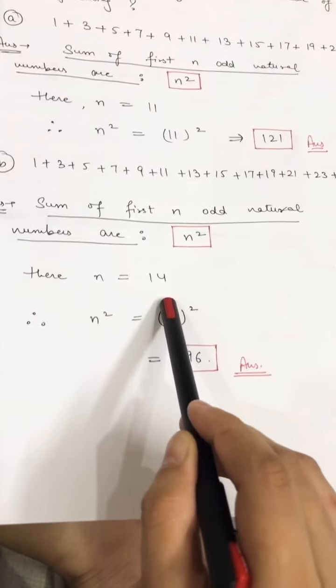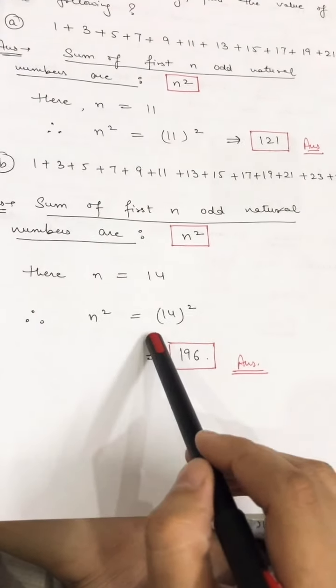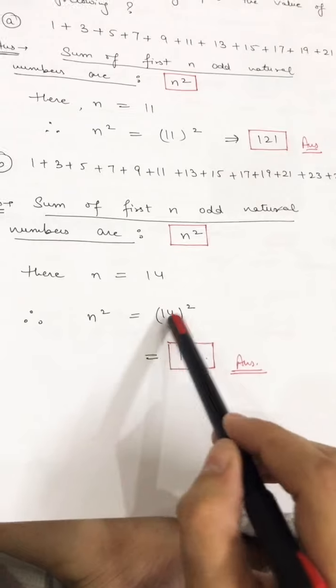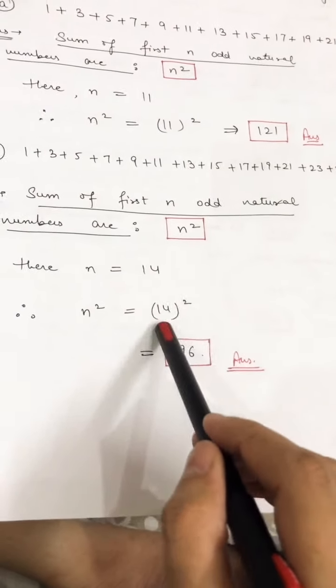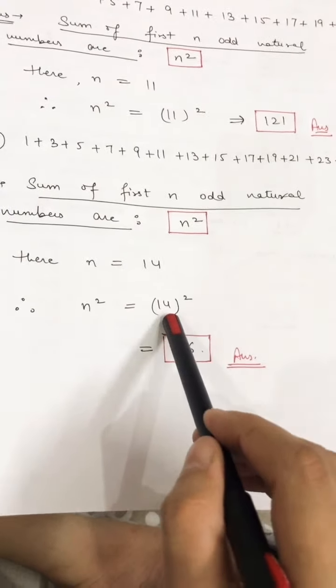So n is 14. Then n square will be 14 square. 14 square is 196. Square means 14 multiplied by 14. This is your answer. So this was your question number 5.